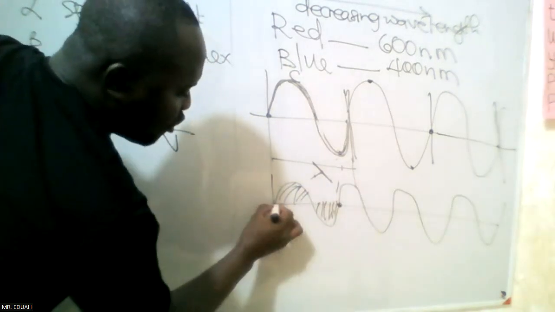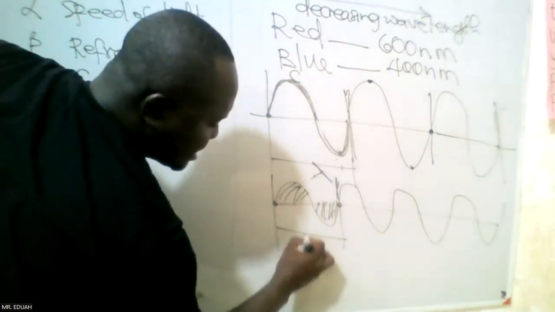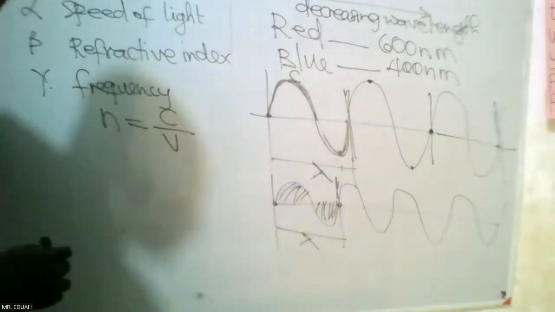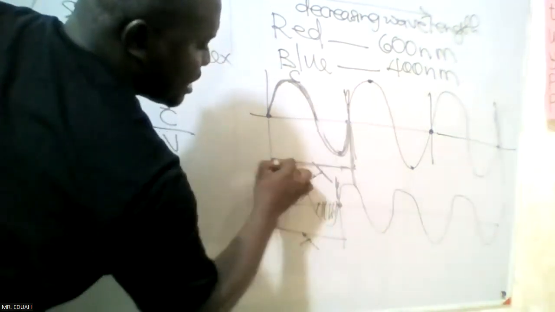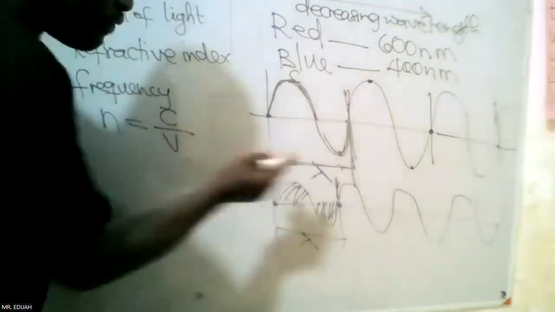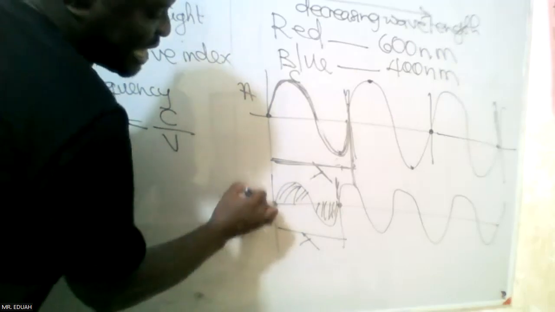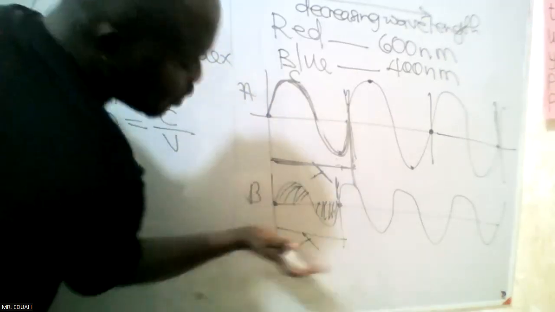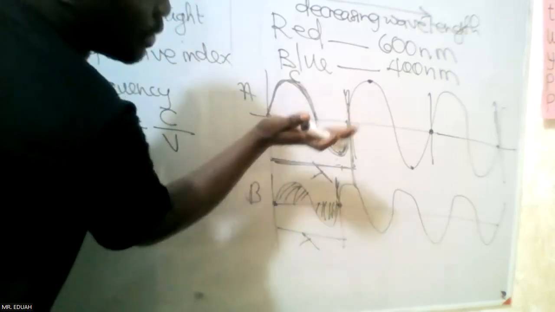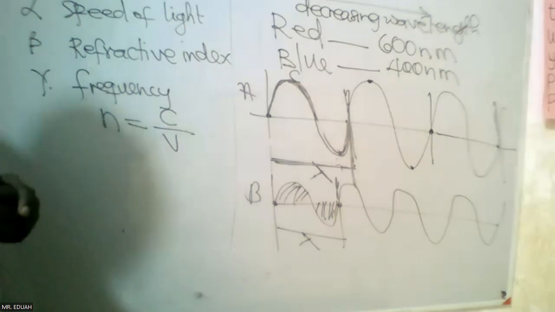So this is a full wave, the wavelength for this particular wave. Now compare it to this. This wave A has a longer wavelength than B. So this one has a shorter wavelength, whereas this has a longer wavelength.